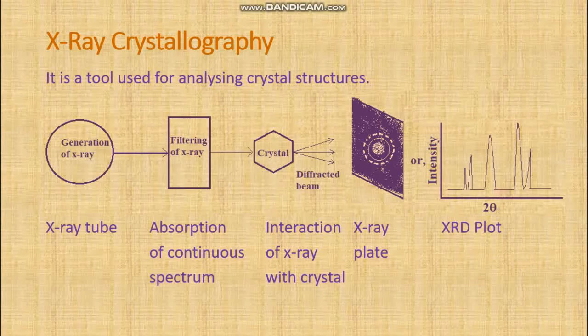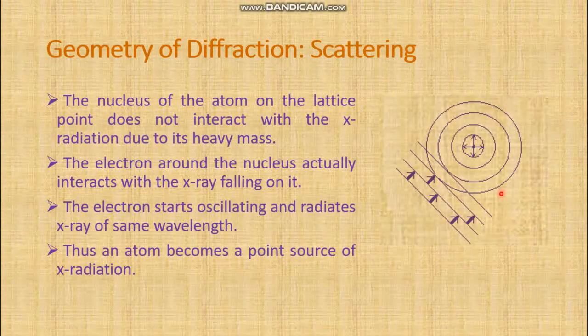So first of all, we have to start with the geometry of diffraction, which is known as scattering. The nucleus of the atom on the lattice point does not interact with the X radiation due to its heavy mass. That means when X-ray falls on an atom, its nucleus is very massive and cannot interact with the X-ray.